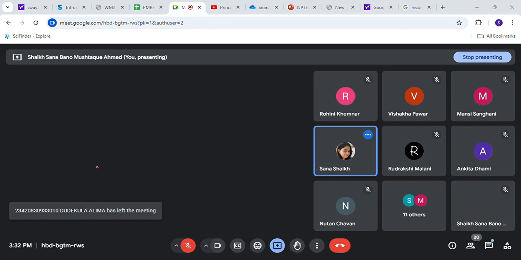So can anybody tell me quickly the difference between SN1 and SN2 reactions? Anyone? Tell me, what is Williamson ether?